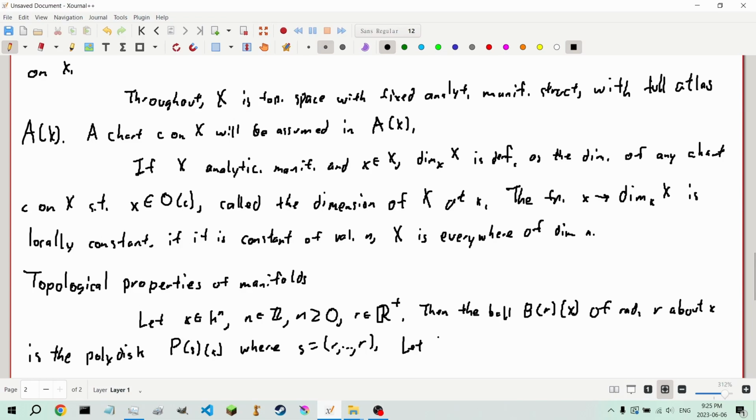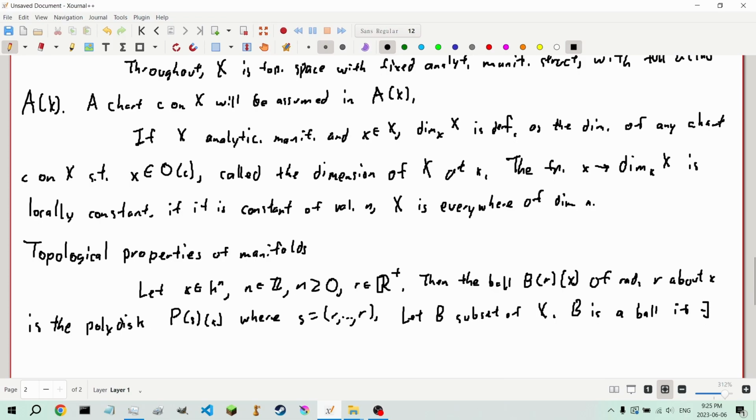Now we're going to let B be a subset of X. B is said to be a ball if there is a chart C, being the collection of U, phi, and n, such that B is in U and phi(B) is a ball in k to the n.